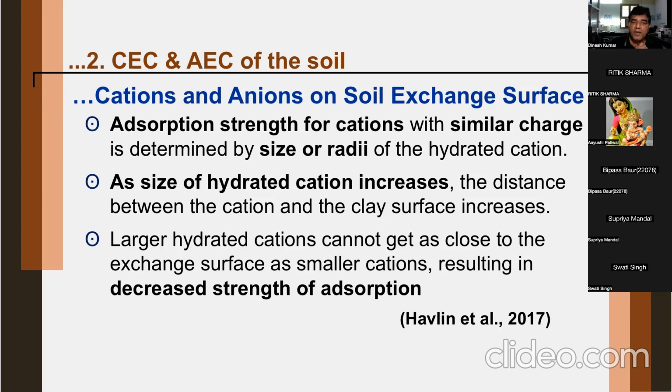As size of the hydrated cation increases, the distance between the cation and the clay surface increases. Larger hydrated cations cannot get as close to the exchange surface as smaller cations, resulting in decrease in strength of adsorption. Means more the hydration, less is the attraction, less is the adsorption strength.